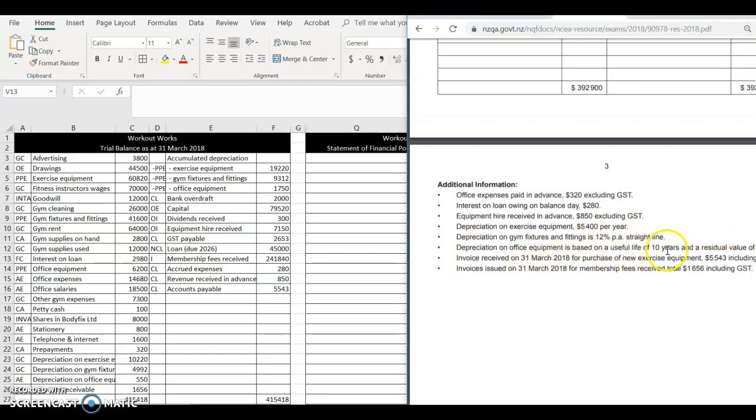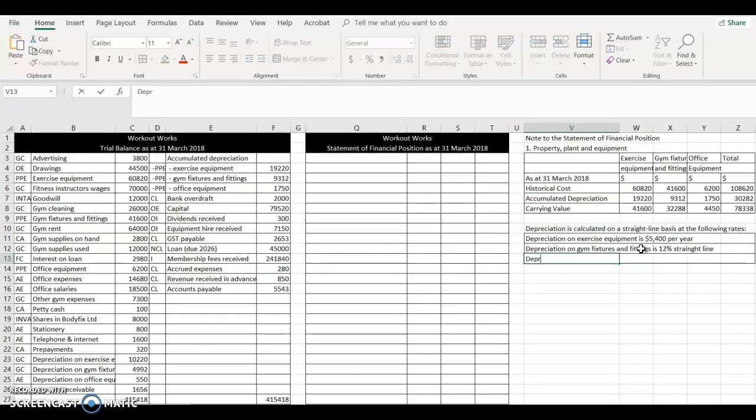Depreciation on office equipment based on a useful life of 10 years, residual value of 700. It's really important that we get those three easy achieved marks, those 1, 2, 3. Cool. Then we go to the financial position.